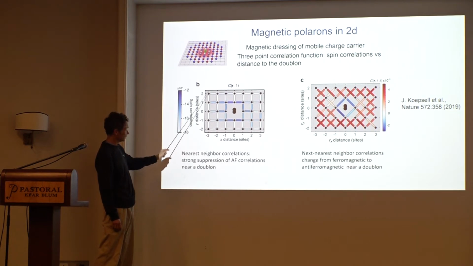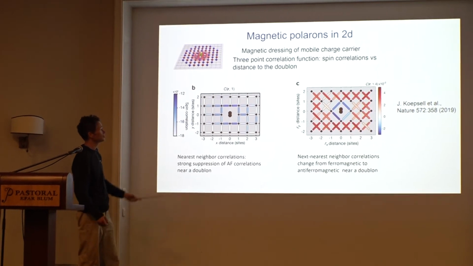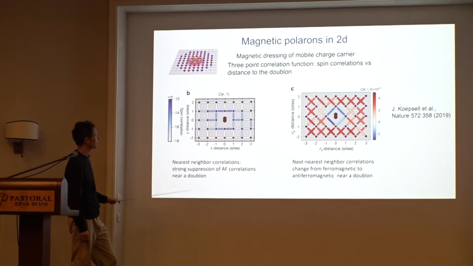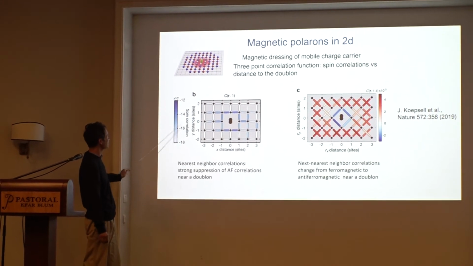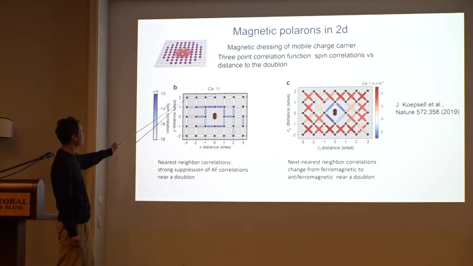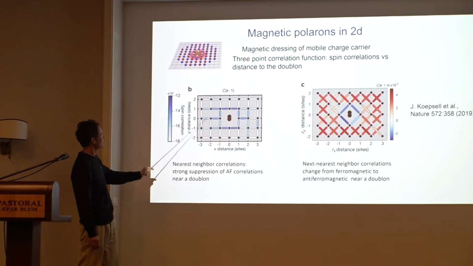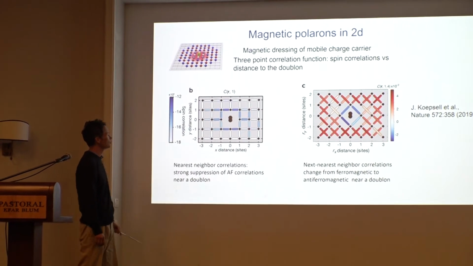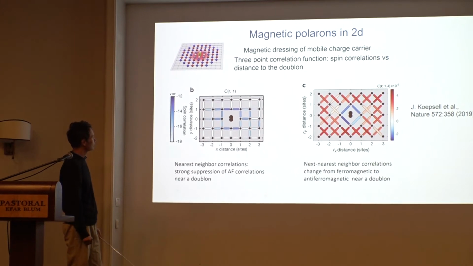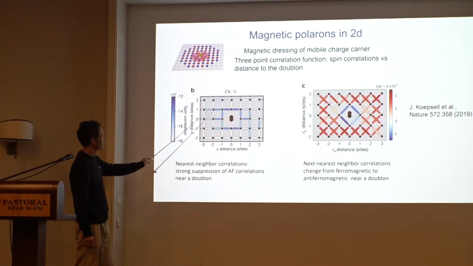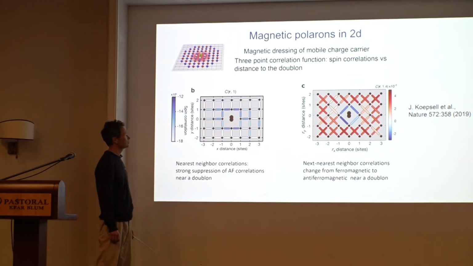Therefore, one should understand this as really a whole spin-spin 3-point correlation function, which is not available in traditional solid-state systems. And you can see that if we just look at nearest neighbor correlations, they're largely away from the doublon. They're just somewhat reduced in the vicinity of a doublon. That's what we expect, that the doublon messes up the spins, but things are not too dramatic.